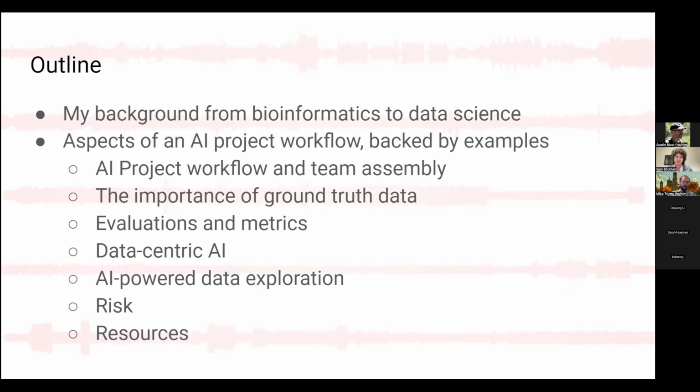Showing, first of all, what an AI project workflow looks like, the importance of ground truth data, evaluations and metrics, data-centric AI, AI-powered data exploration, risk, and then sharing some resources at the end. If some of these terms don't mean much to you, hopefully we will address those.